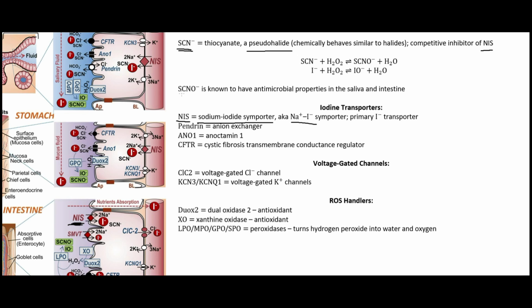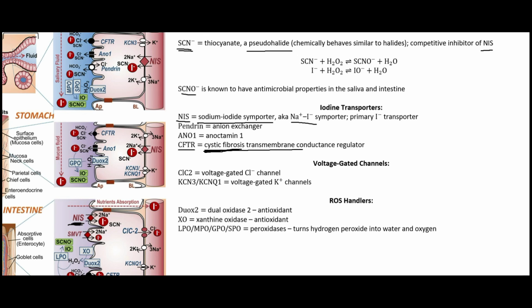And this SCNO, which we can see in some of these images, is just SCN after it has reacted with oxygen. The other transporter that I'll be looking at in more detail is CFTR, the cystic fibrosis transmembrane conductance regulator. Cystic fibrosis is probably just a naming convention because it was discovered to be important in cystic fibrosis, but we will not be talking about it in that context.